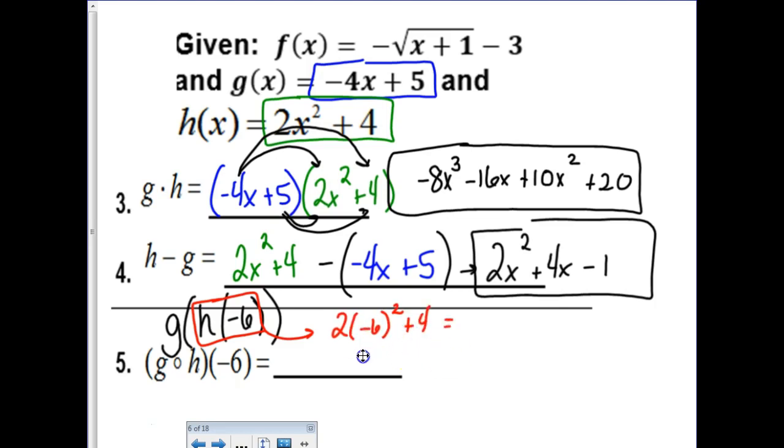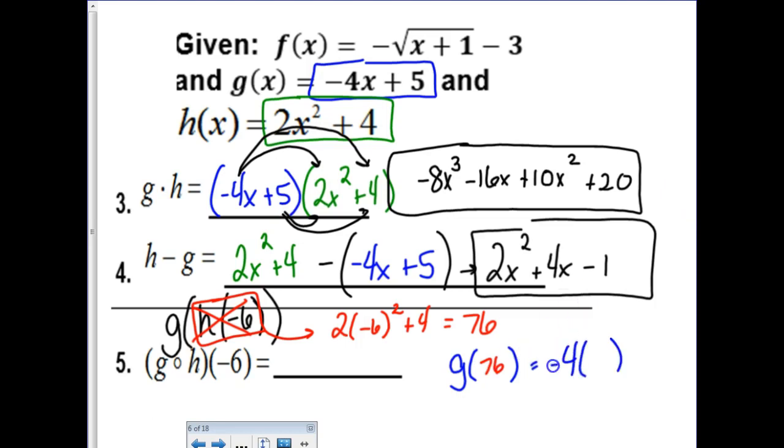Okay, it's practically a Monday morning for me, so I need a little assistance here, guys. That's 36 times 2, 72 plus 4, 76. So this thing right here is really 76. Now they want you to find g of 76. All right, let's figure that out.